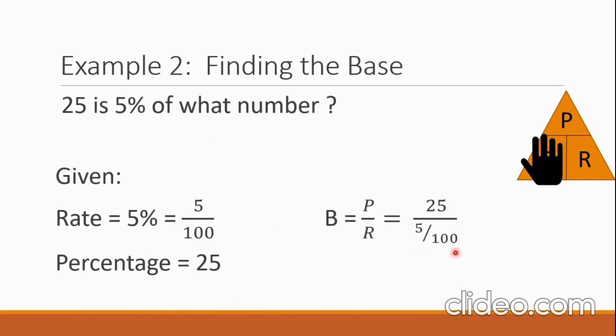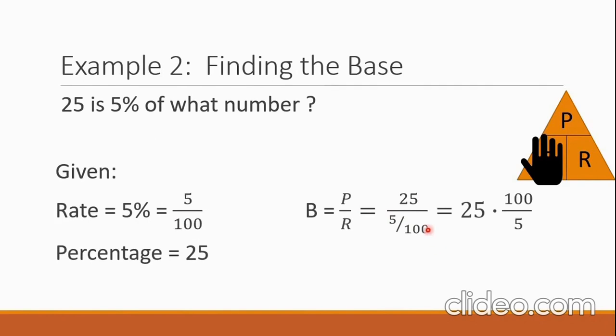So simplifying this, the 5 over 100 flips up, the 100 becomes the numerator, the 5 is our denominator. So here, in most cases, we multiply this 25 to the 100, and the result will be divided by 5.